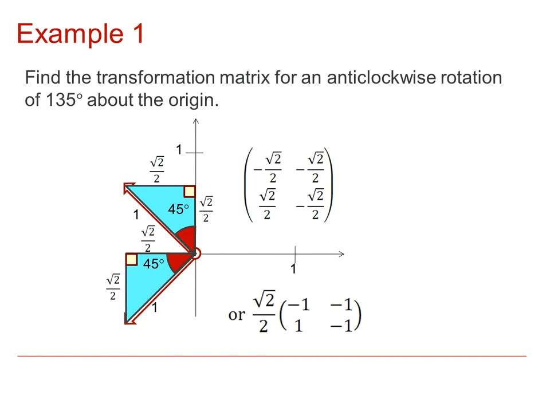Now there is a general matrix for rotation by an angle of theta, which is given by cosine theta and sine theta for the i dashed, and then negative sine theta and cosine theta for j dashed.